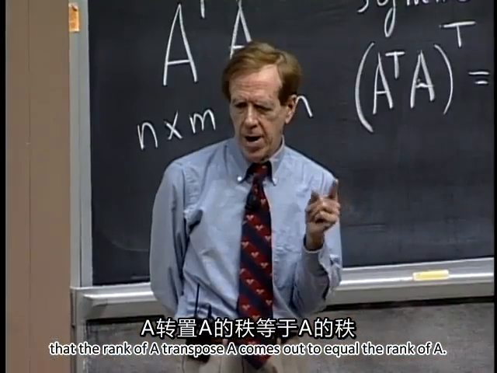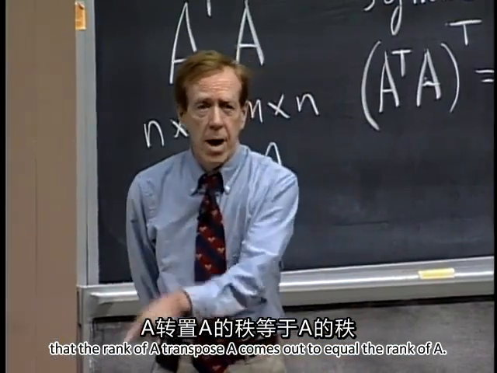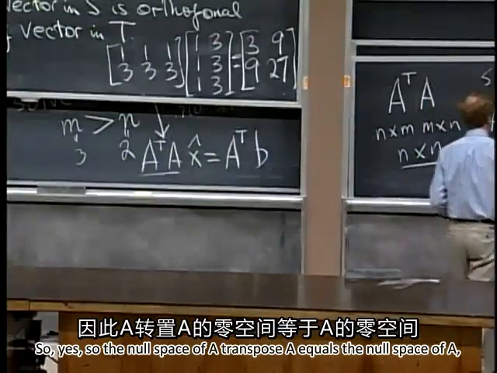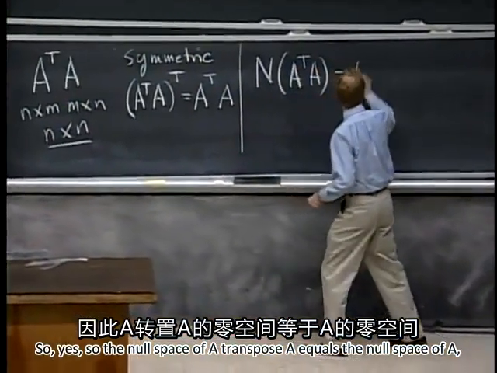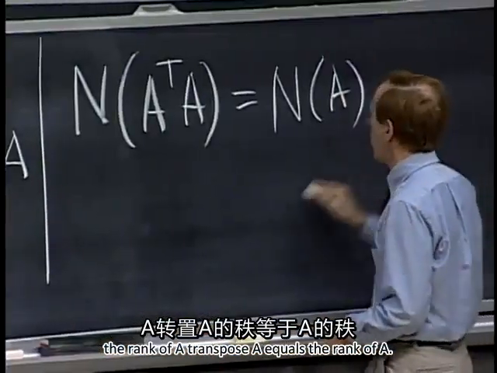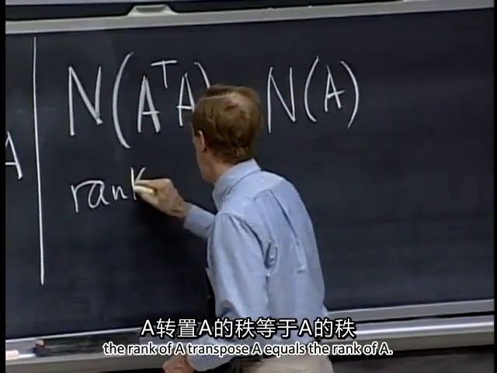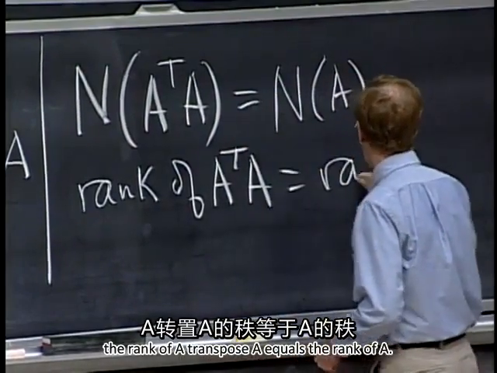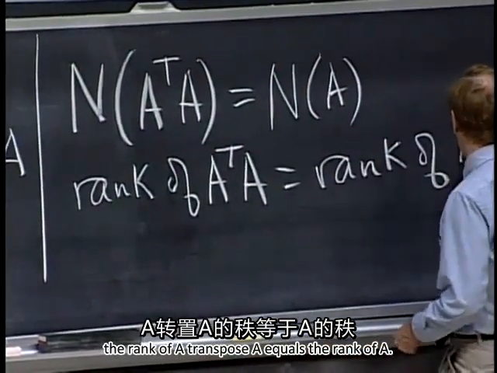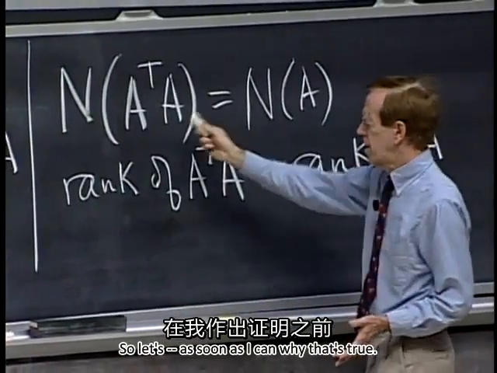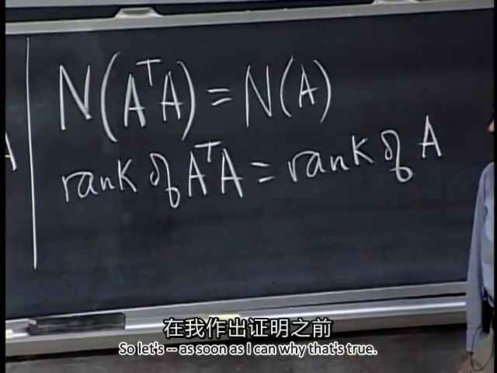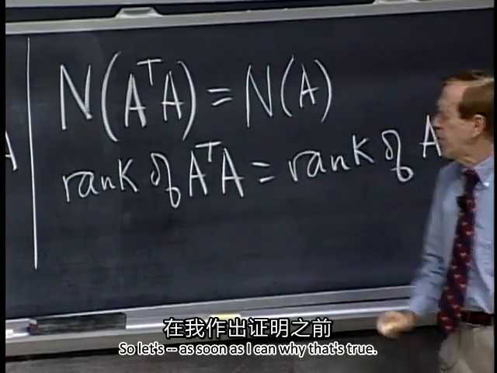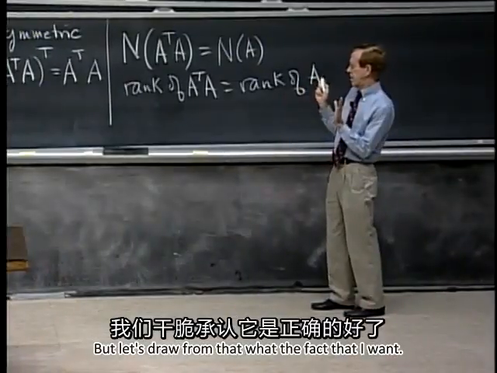The rank of A transpose A comes out to equal the rank of A. So the null space of A transpose A equals the null space of A, and the rank of A transpose A equals the rank of A. I'll tell you as soon as I can why that's true.